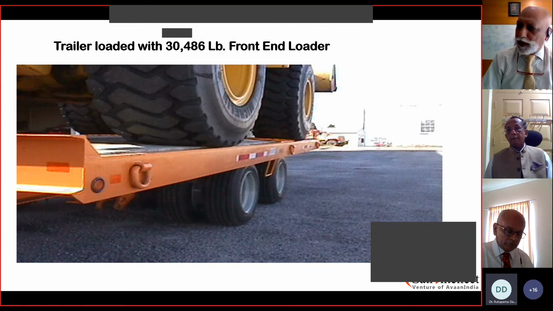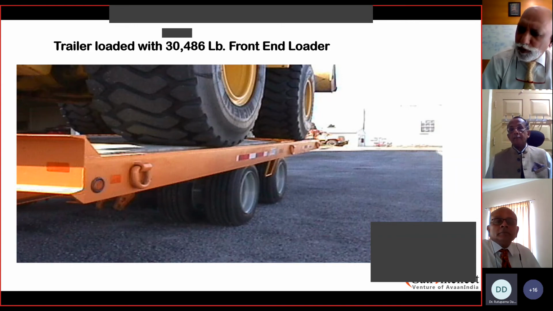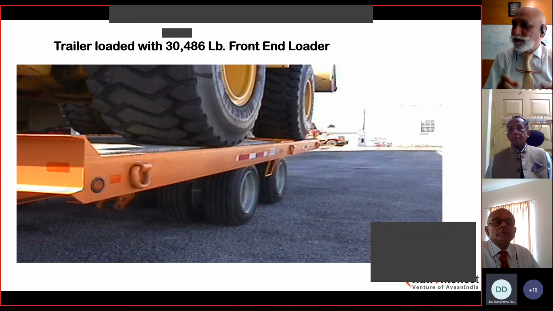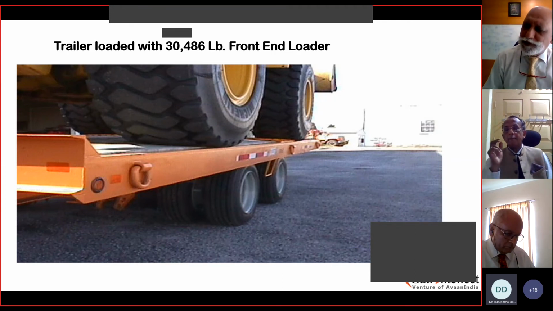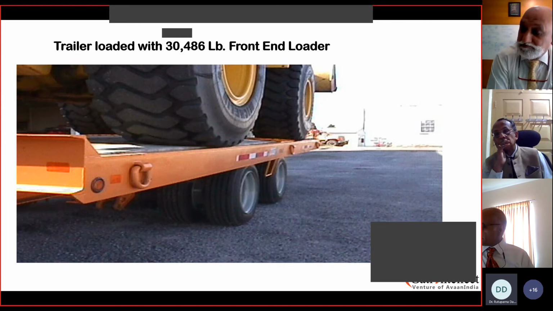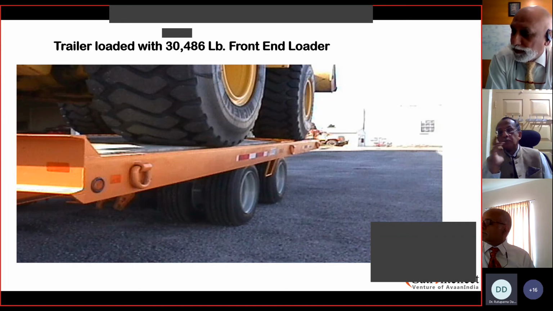And if the cargo is itself weighing 30,486 pounds, then the equipment which is loaded onto the trailer is overloaded, which is compromising on both the quality and the safety of transportation. So the specification is not very clear. The exact dimensions of the cargo, the exact weight, and what the load carrying capacity of the trailer should be, or the equipment should be, for transportation. So if this is not specified, there is very strong likelihood of mishap happening in transit, and the transportation may not be done successfully. Next slide, sir.